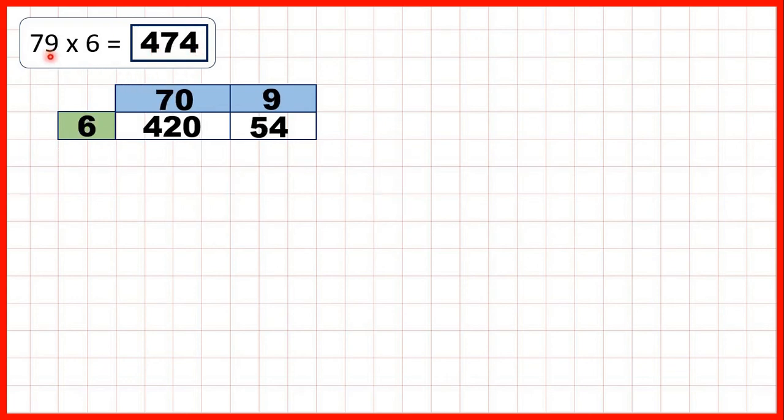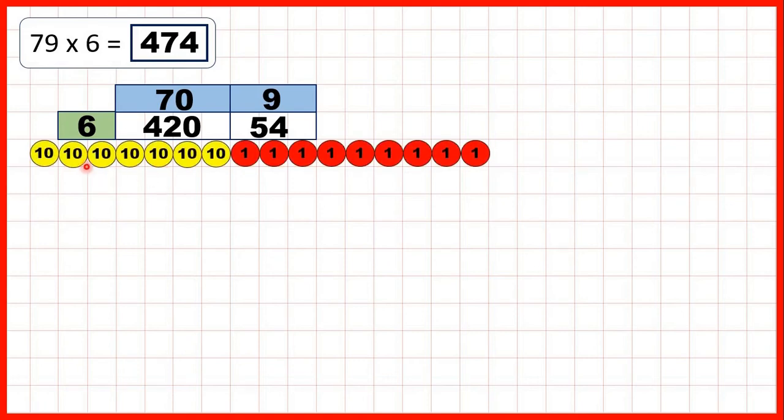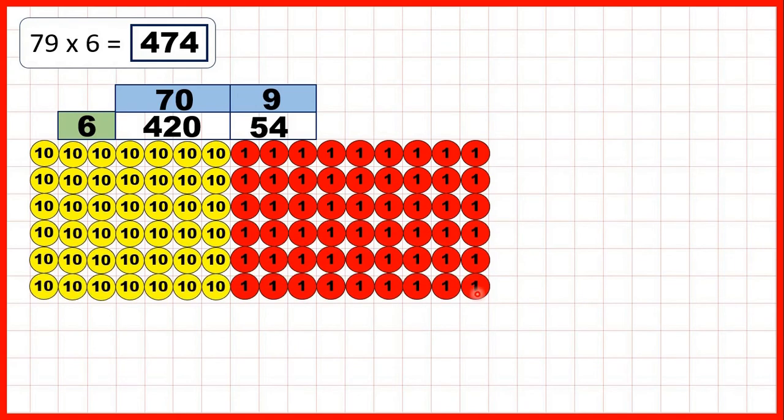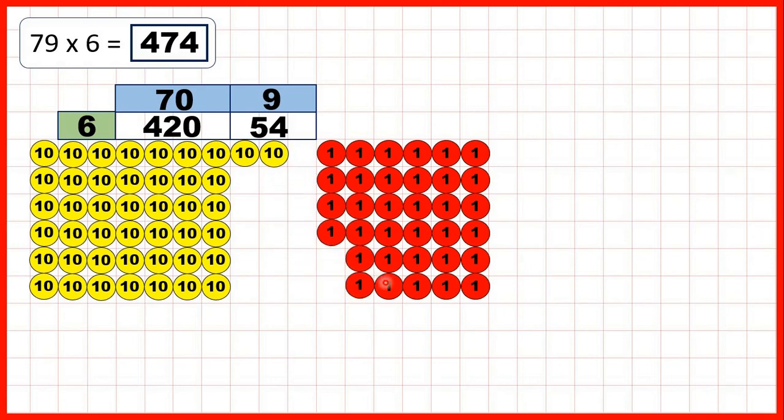Then we had 79 times 6, so we can show 79 as 7 10s and 9 1s. We're multiplying by 6, so we can show 79 2, 3, 4, 5, 6 times. So now we can regroup 10 1s to make 1 10.